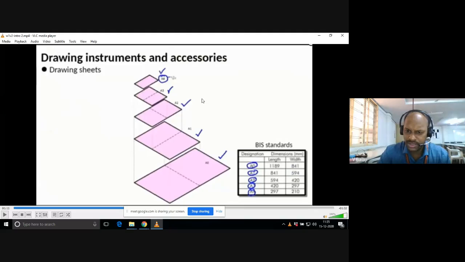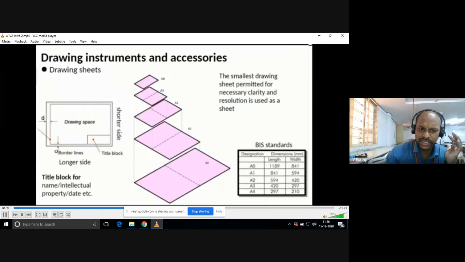The sheet sizes are designed in such a way that A4 is half of A3, and A3 is half of A2. If you take two A4 sheets and join them side by side, you will get A3. If you take two A3 sheets side by side, you will get A2. Like that, two A2 sheets side by side give A1, and like that you will find A0. A0 is generally used in industrial applications, big size.